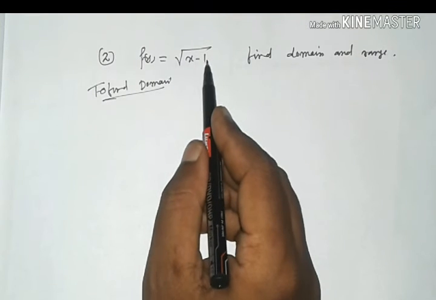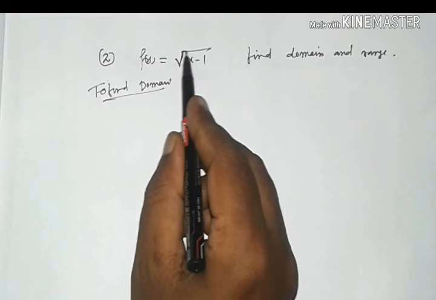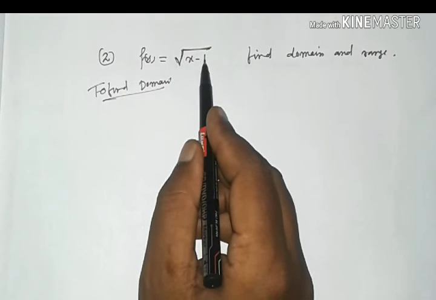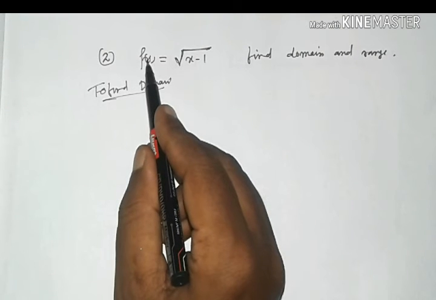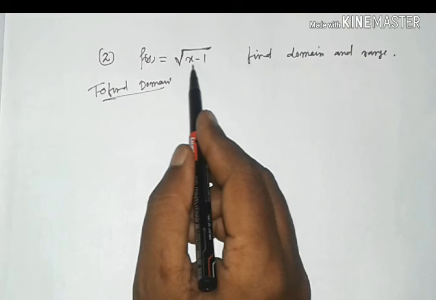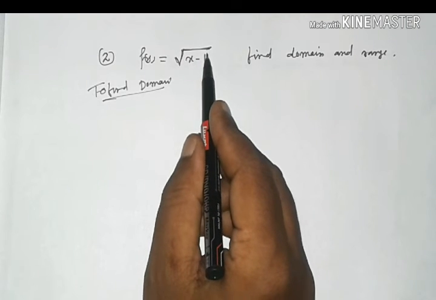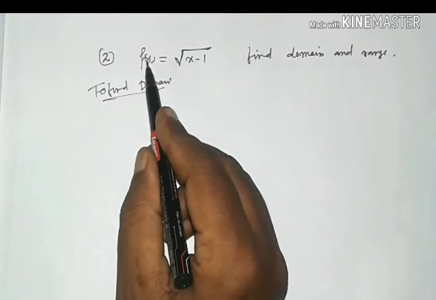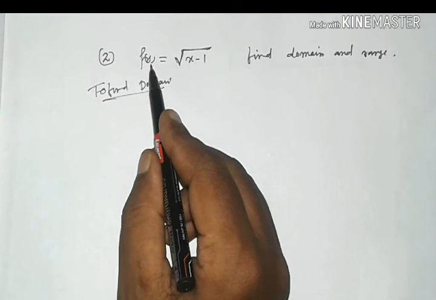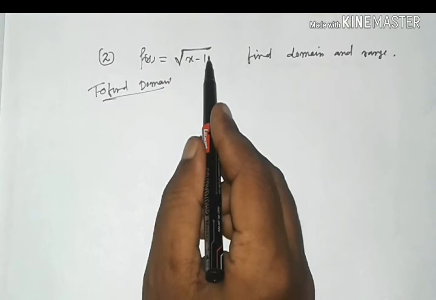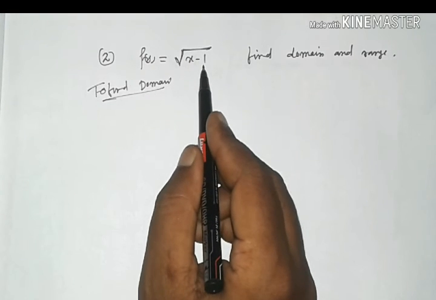If we see the function, we see that there is a root in the function. f(x) must be real if this portion is positive, and f(x) will not be real if x - 1 is negative.